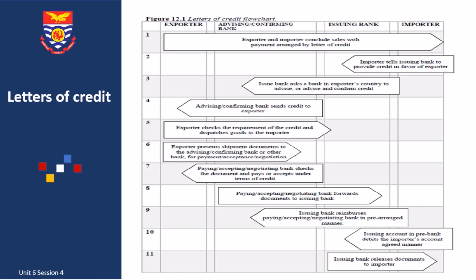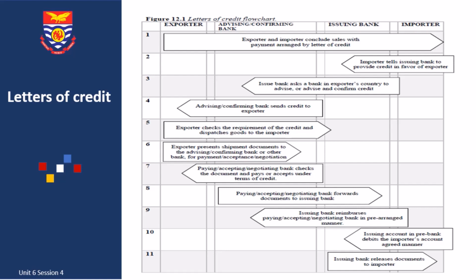Then the exporter presents shipment documents to the advising bank, confirming bank or other bank for payment, acceptance, or negotiation. Then the paying, accepting or negotiating bank checks the documents against the terms under the credit.